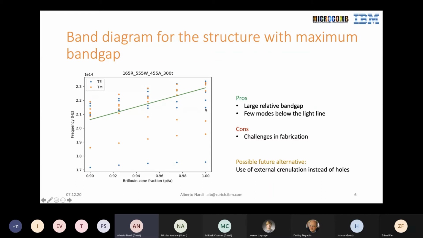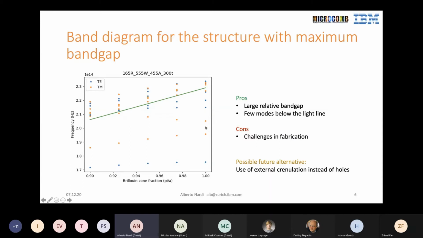And as we can see, we have a pretty large band gap in the TE mode, which goes between 213 terahertz and 175 terahertz.